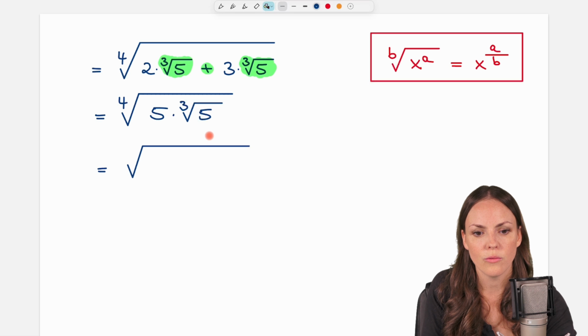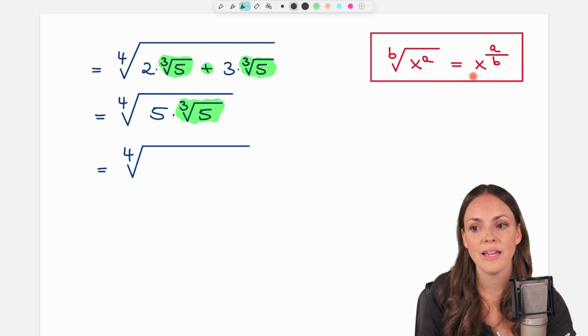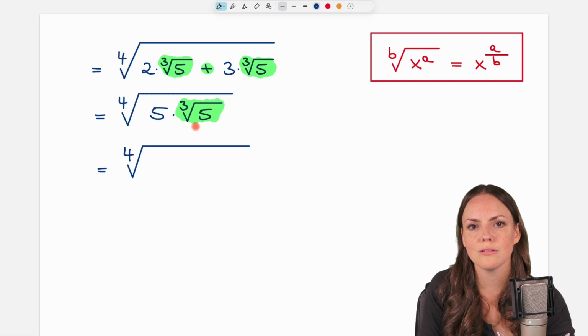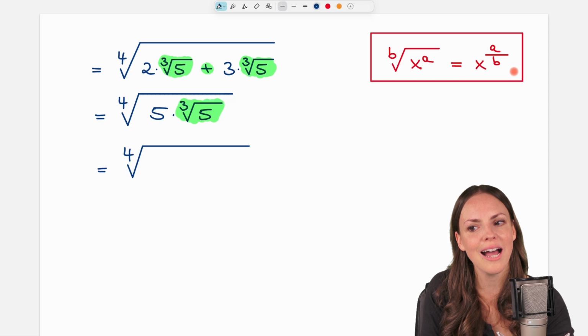We still have the fourth root of. And maybe, if you don't know what to do with all of this now, what we could do is actually write this cube root now as a power, because we're like, okay, I don't know what the rules are going from here with the roots, but maybe I know some rules for the powers.